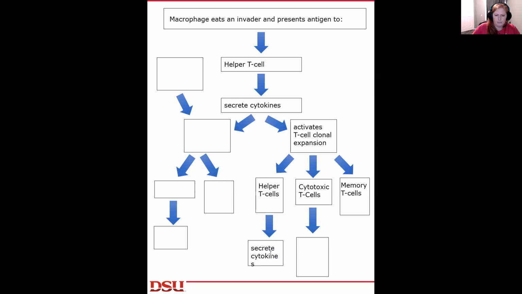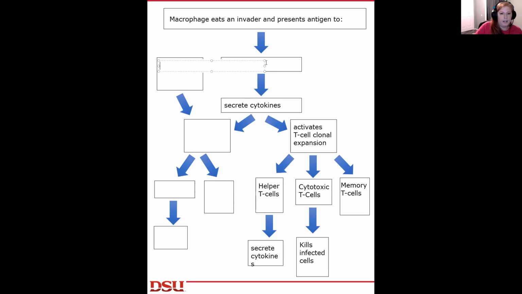And our cytotoxic T cells are going to kill cells that are already infected. Ta-da! That's on the T side. Let's go to the other side and look at our B cells.